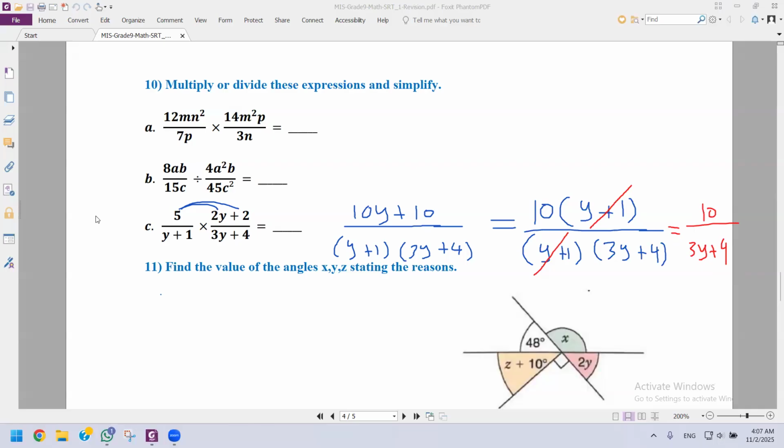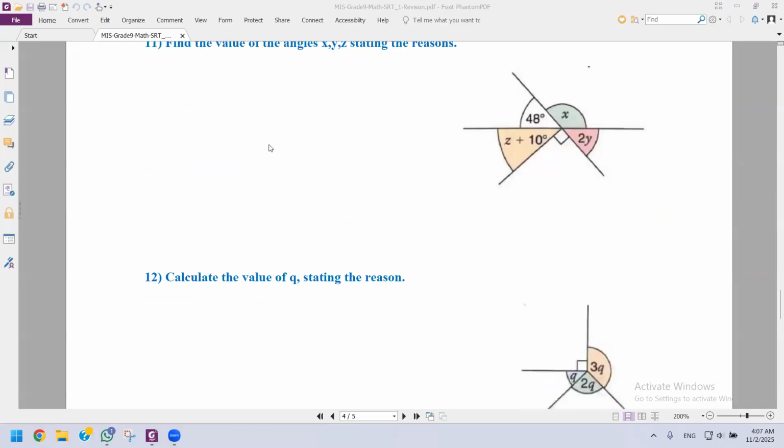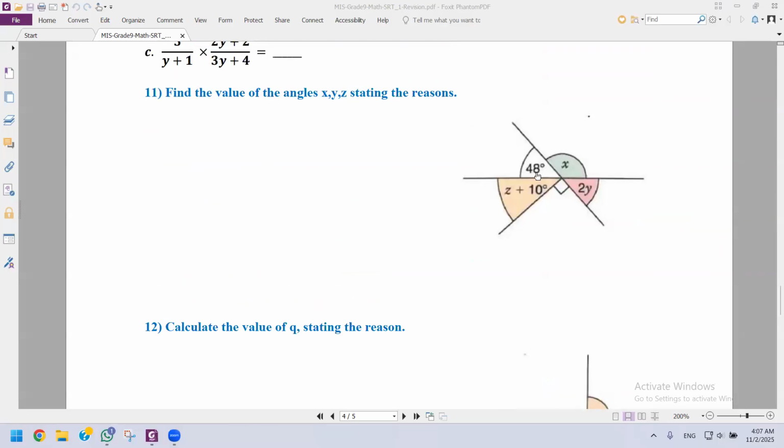Next, question 11. Find the value of the angles x, y, and z. So we need the value of x, y, z, and stating the reasons. If we don't mention the reason, we will lose marks. First of all, let's try to find x. Let me use that straight line.